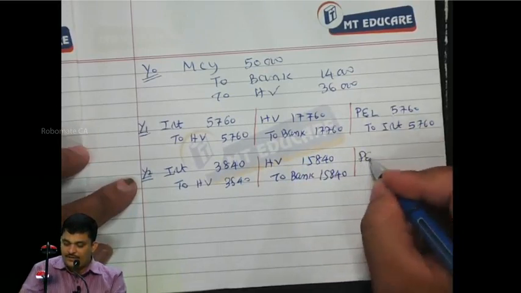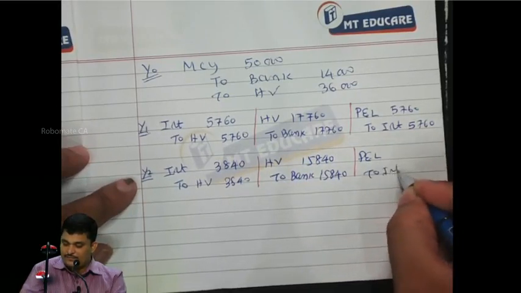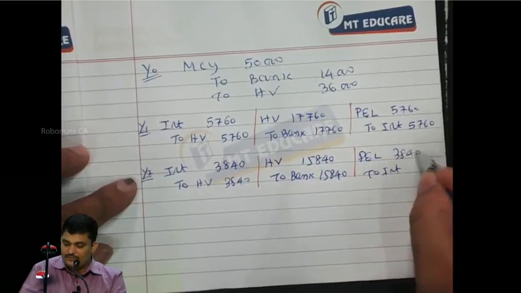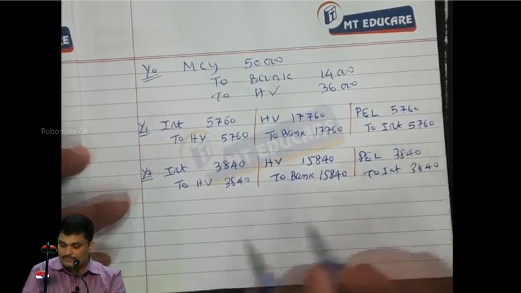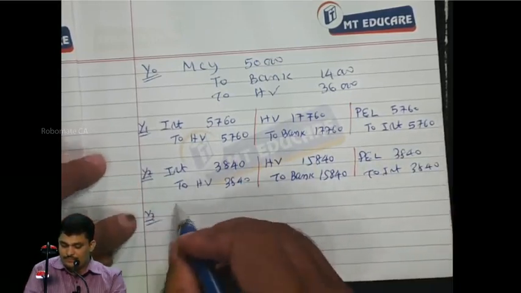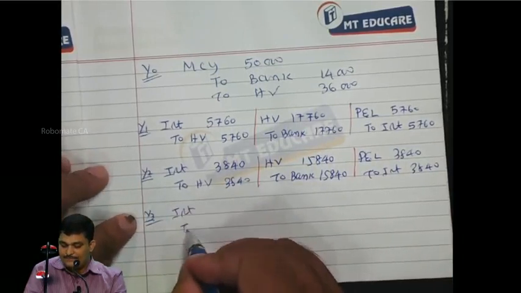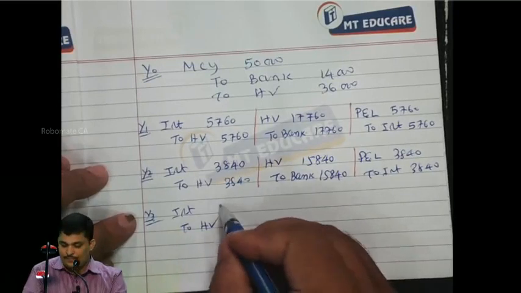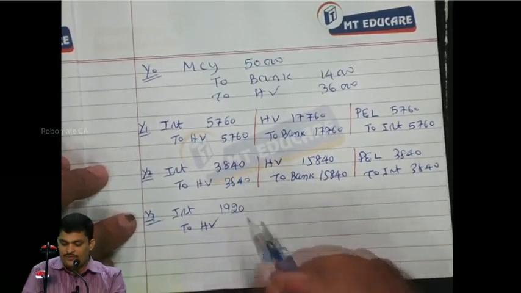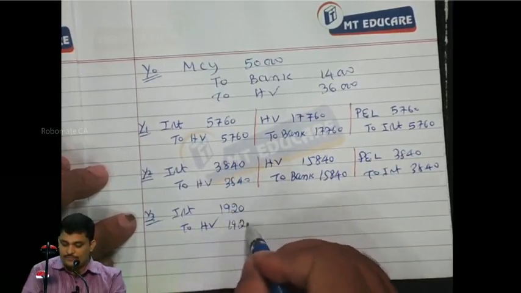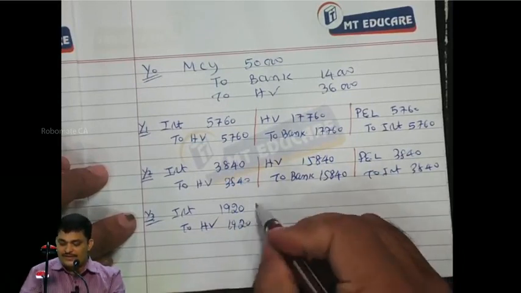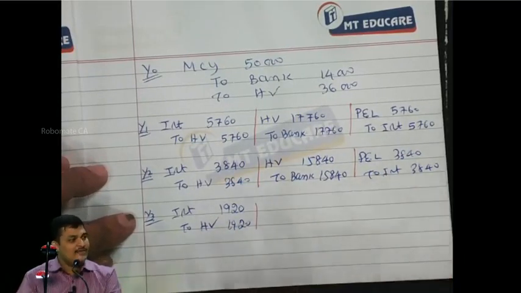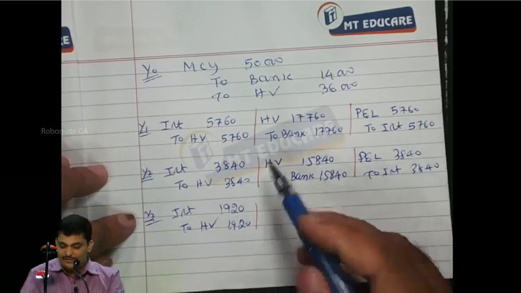You have P&L to interest 3,840. Year 3. Interest to hire vendor 1,920. So interest due, installment pay. Interest due, installment pay. These are routine entries that we will be having.